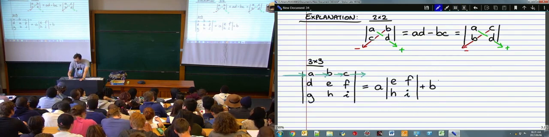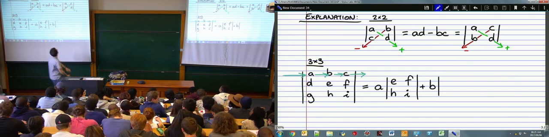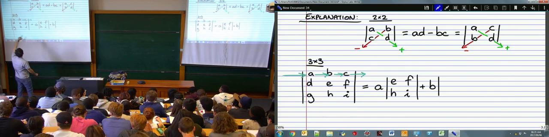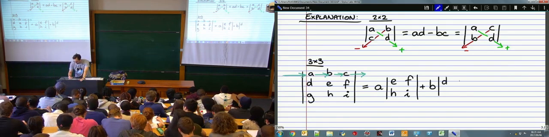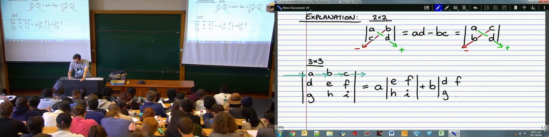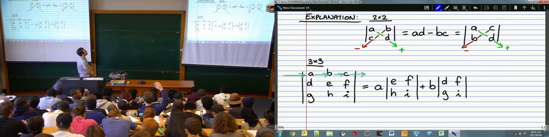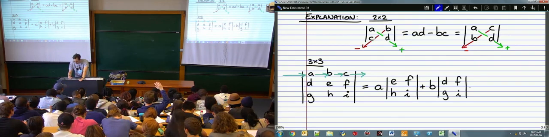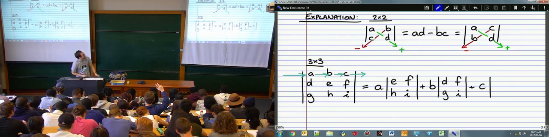Plus B multiplied by the minor D, F, G, I. And then the last one is C multiplied by D, E, G, H. Oh, I've made a mistake somewhere.